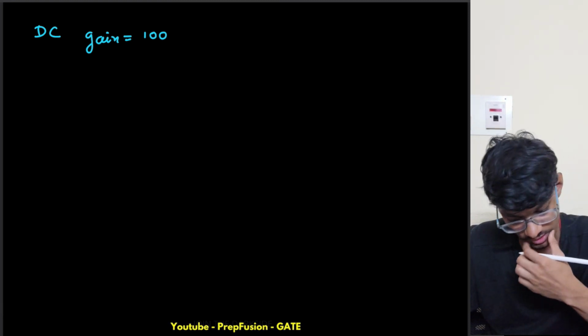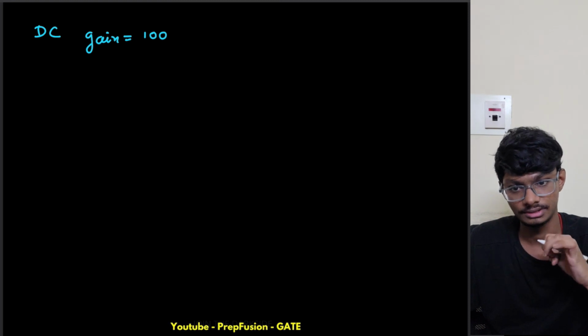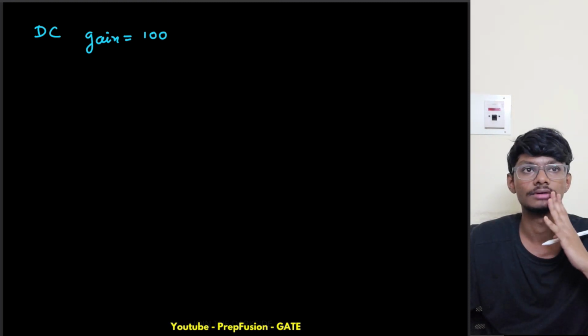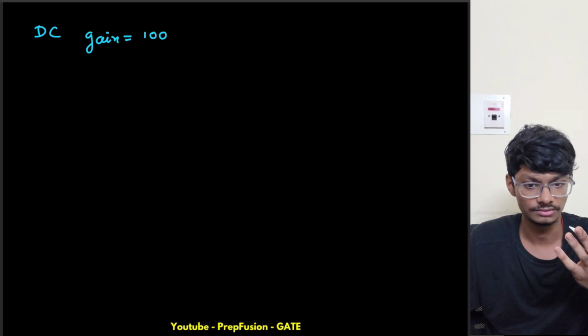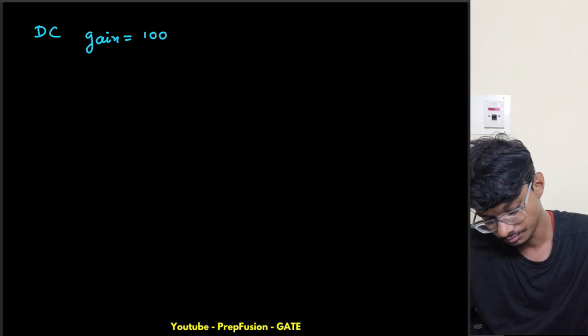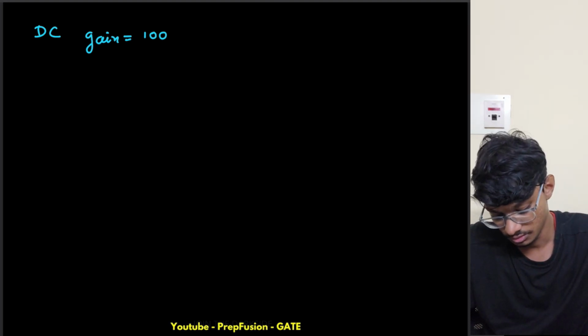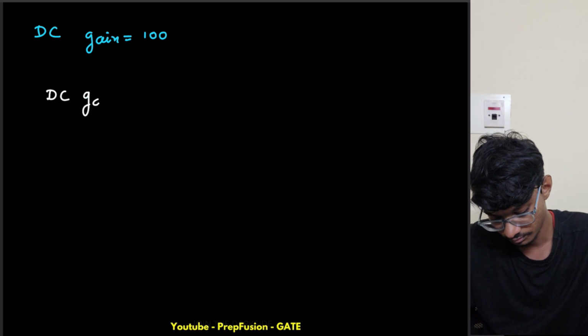So now let's write the DC gain for this. What is the DC gain? It is the value of the transfer function at s equals 0, the zero frequency gain basically. This is a type 0 system, so that is the definition.